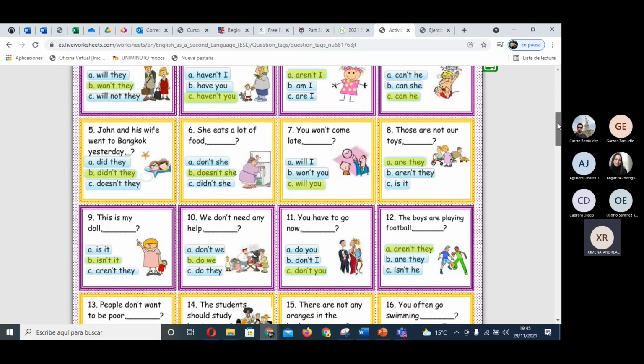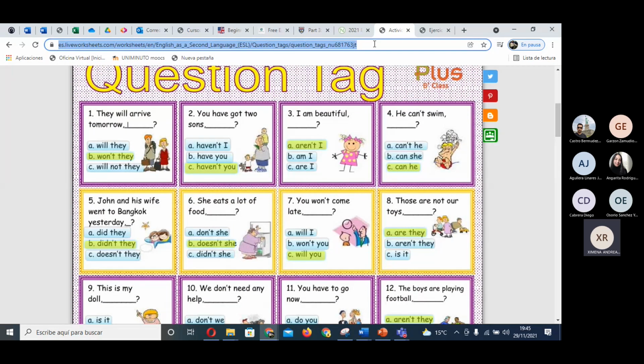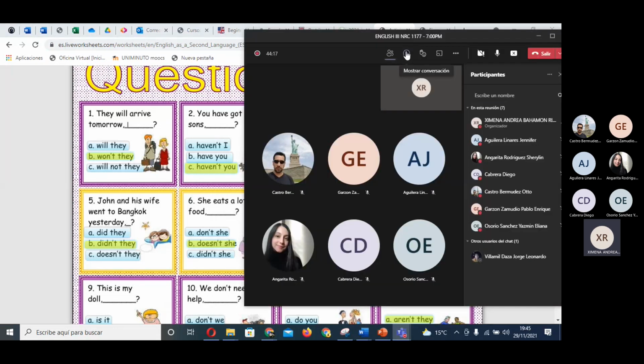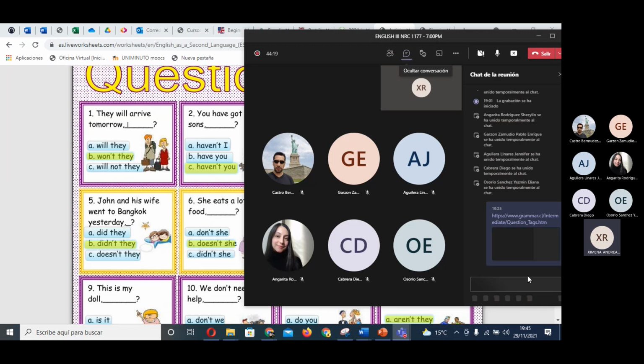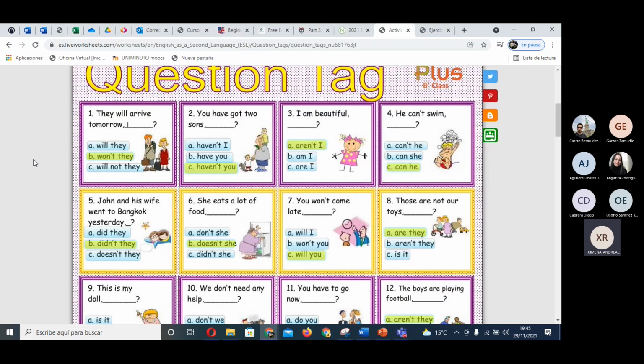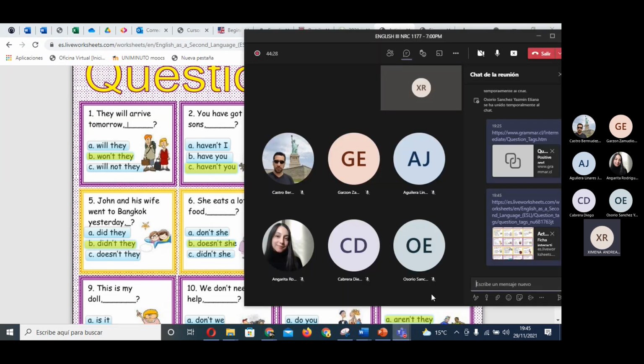Very good. Yes. Entonces, de pronto, una página pues interactiva donde ustedes también pueden hacer revisión de ejercicios de práctica, aunque obviamente sabemos que en la plataforma pues, tenemos una variedad de ejercicios que nos ayudan también a reforzar esto. ¿Listo? Bueno, pero yo los veo muy bien, chicos, con esta parte de Tag Questions.